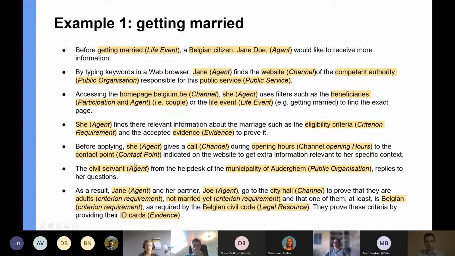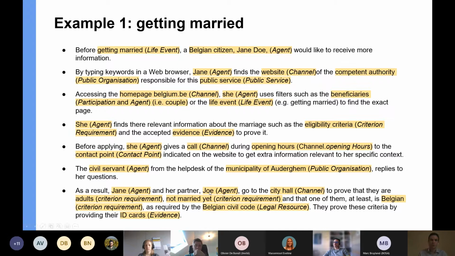From there she goes with her partner to the city hall to prove that they are adults, that they are not married yet, and that one of them is Belgian.